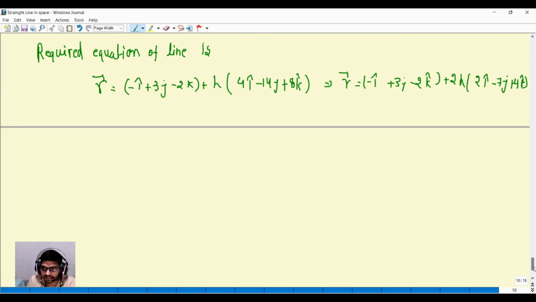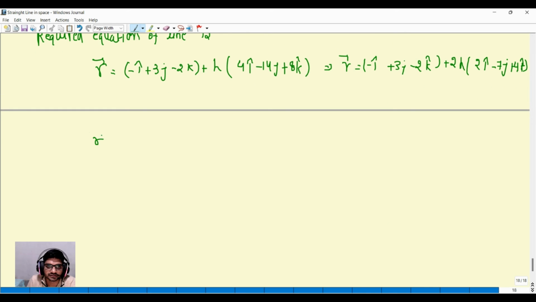So the required answer in the vector form is r equals minus i plus 3j minus 2k plus mu times 2i minus 7j plus 4k, where 2 lambda equals mu. Basically mu and lambda, all these things are constants.